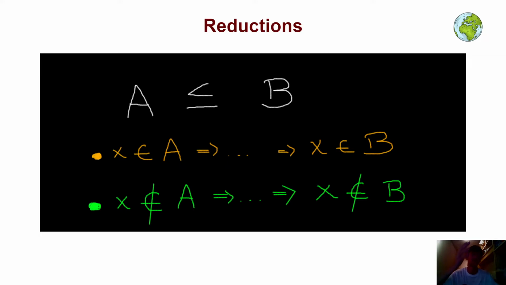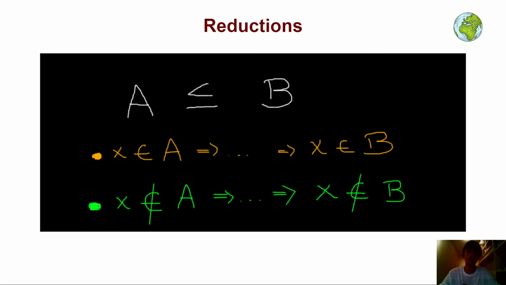Okay, we can have a set A and set B. So if we want to reduce the problem A to the problem B, then we need to prove that for each element, for instance x, that belongs to the problem A, after applying the reduction function, this element will also belong to the problem B. And if we have an element x that does not belong to A, after applying this same reduction function, then the element x won't belong to B either. And this is the main part on any reduction, mainly when we are proving that a reduction is correct.